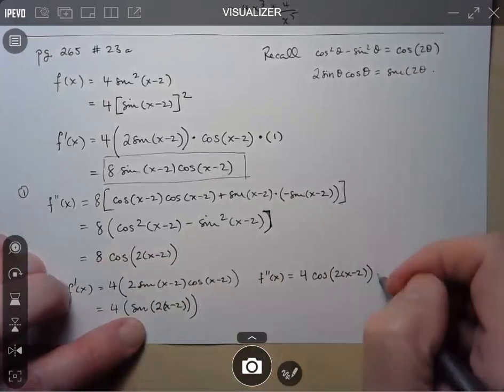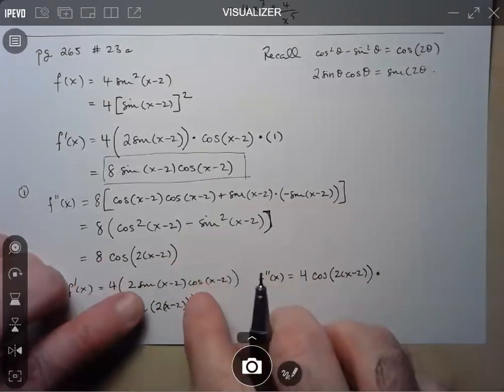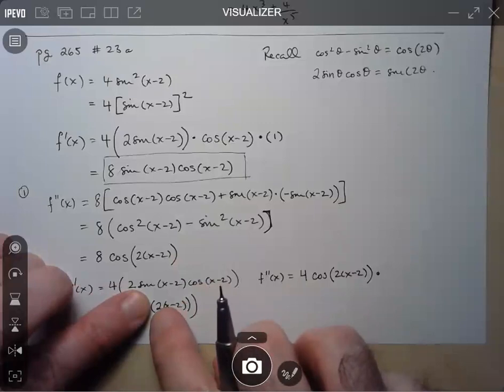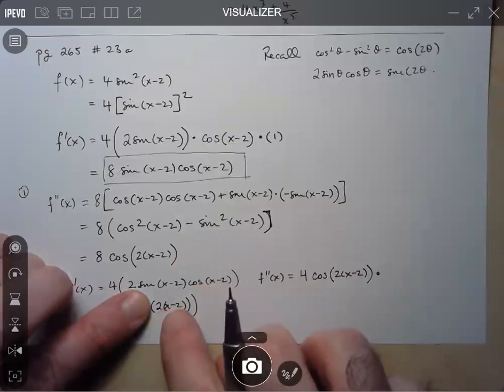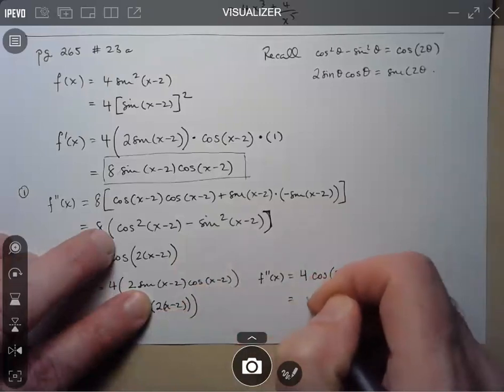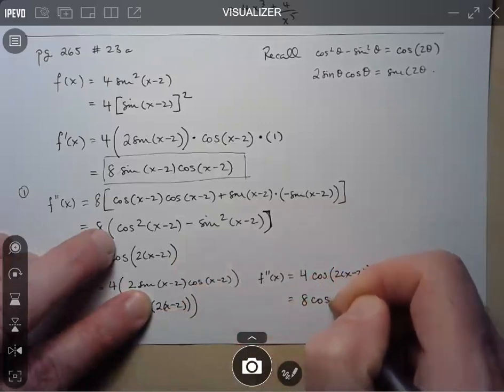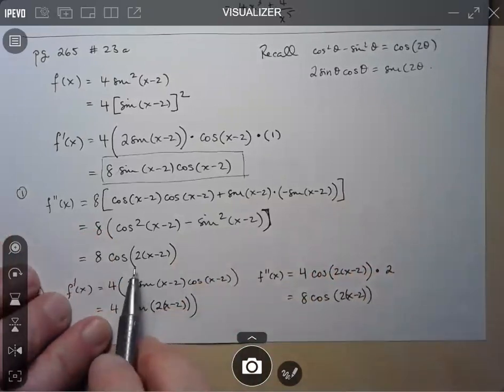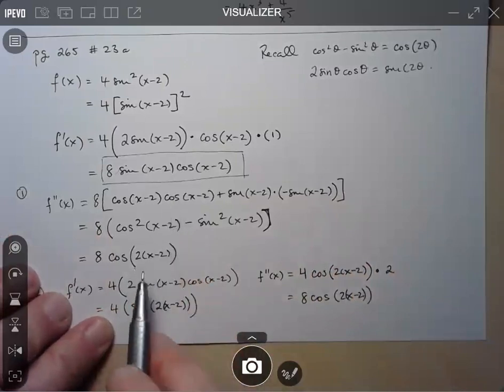Okay, times the derivative of u with respect to x. Well, remember, that's a constant 2 times the derivative of x minus 2, which is just 1, times 2. And lo and behold, we get the exact same answer as we did here, with a lot less work.